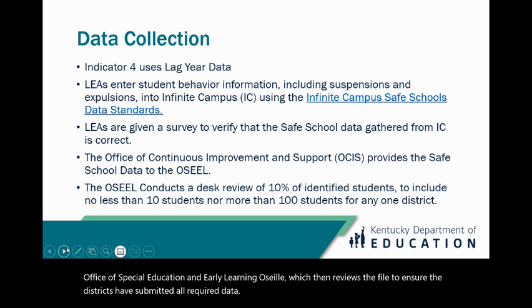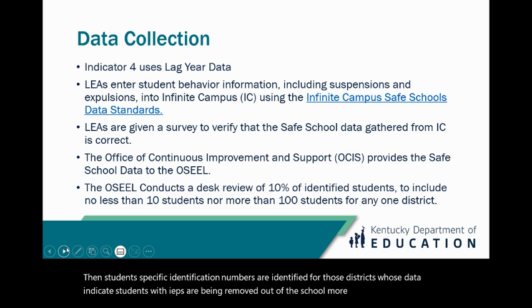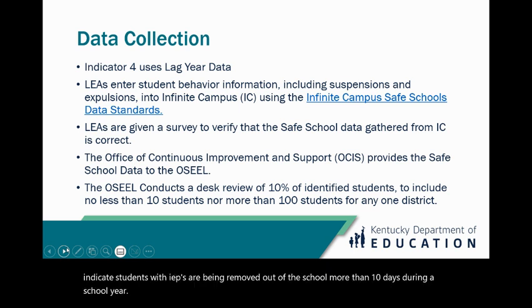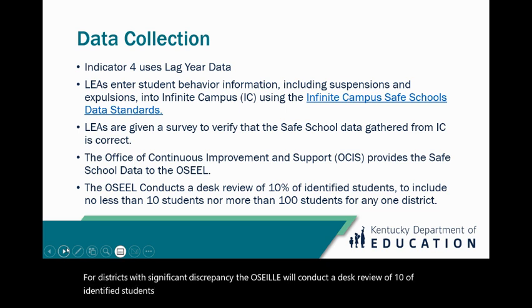Then, student-specific identification numbers are identified for those districts whose data indicate students with IEPs are being removed out of the school more than 10 days during a school year. For districts with significant discrepancy, the OCEAL will conduct a desk review of 10% of identified students to include no less than 10 students, nor more than 100 students for any one district.